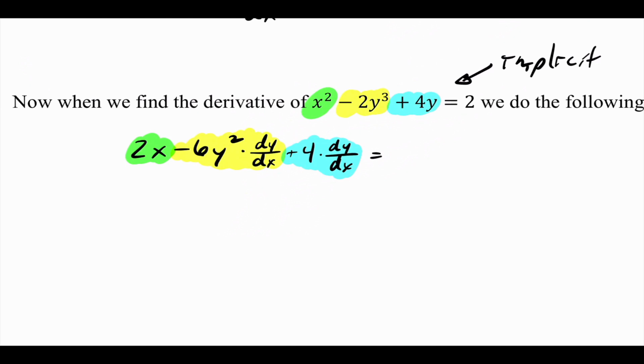Equals. And then we have 2 at the end. What's the derivative? 2 doesn't have an x or a y. So what do you think the derivative of 2 would be?